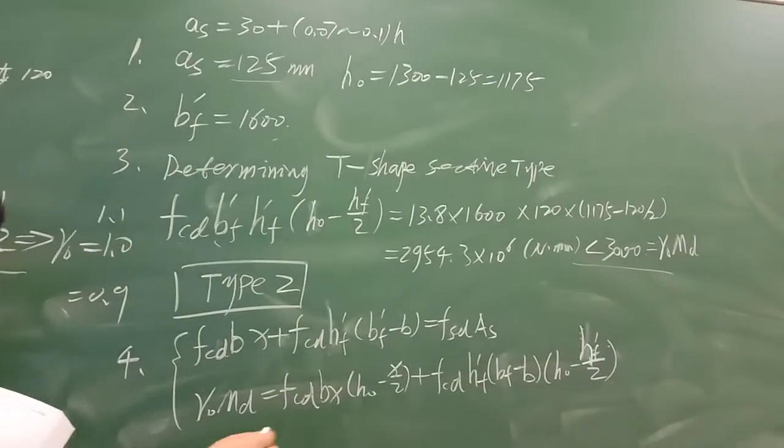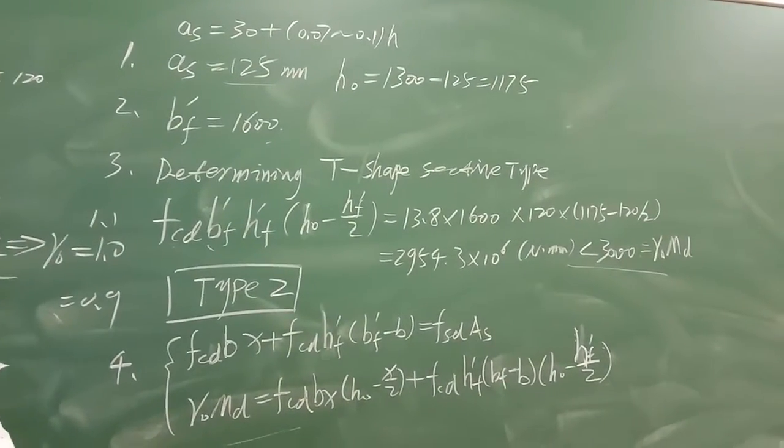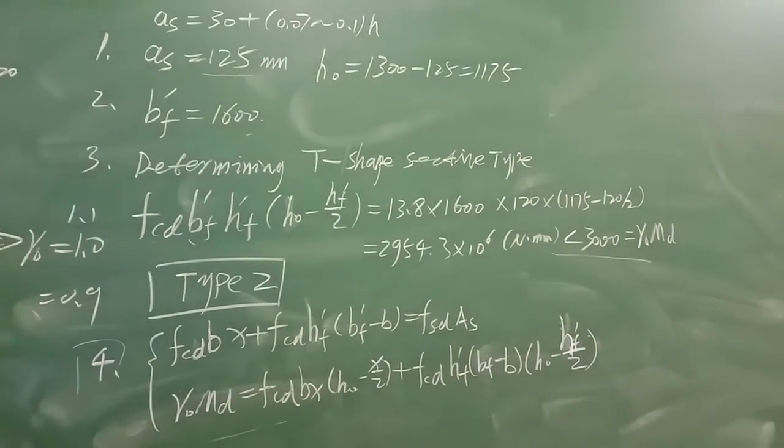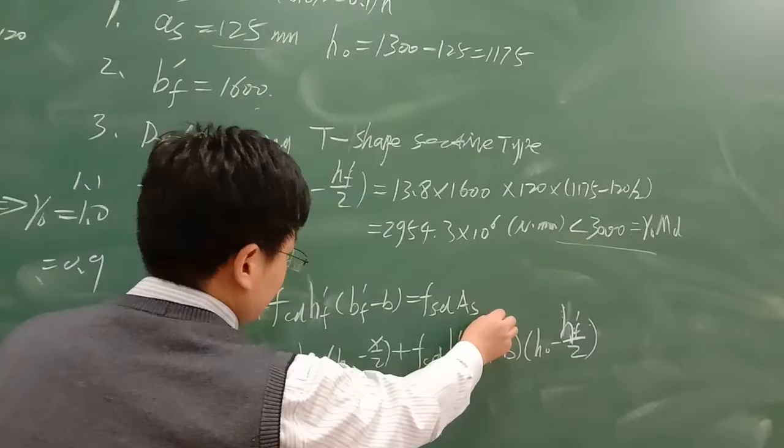So this is the equation for type 2. In this fourth step, we use this equation to calculate AS. The purpose is to calculate AS.